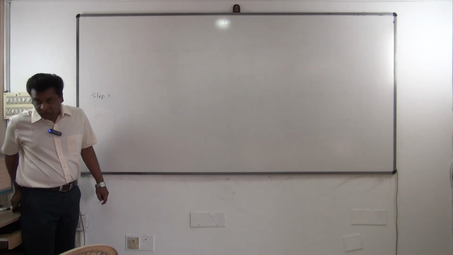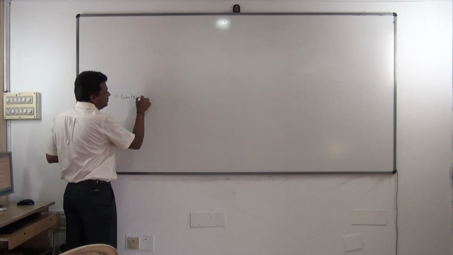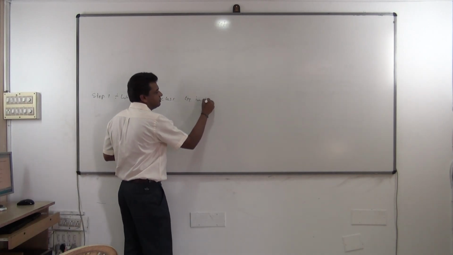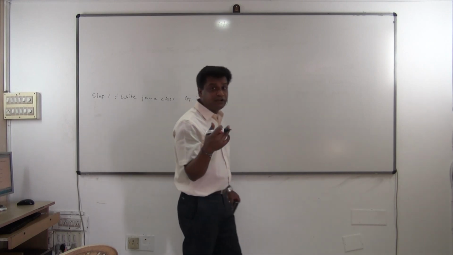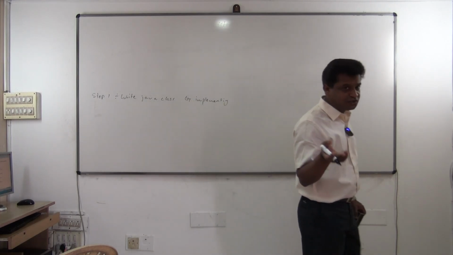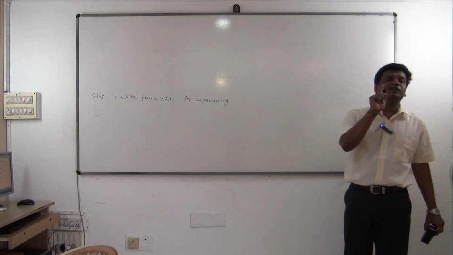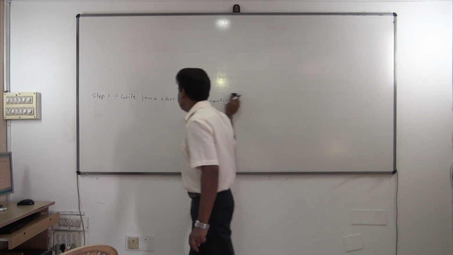I'll just show it to you. You have to write a Java class by implementing what? So you are dealing with which event now? When the context object is created and when the context object is destroyed. For these two events, they are given the support by one listener interface, which is Servlet context listener.